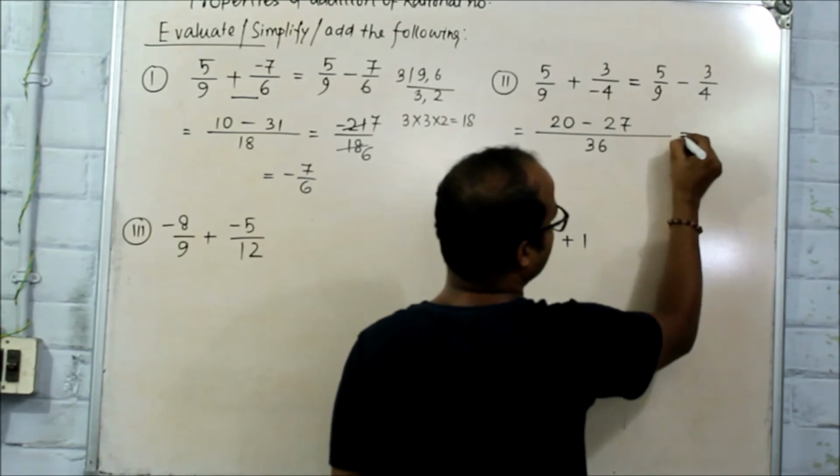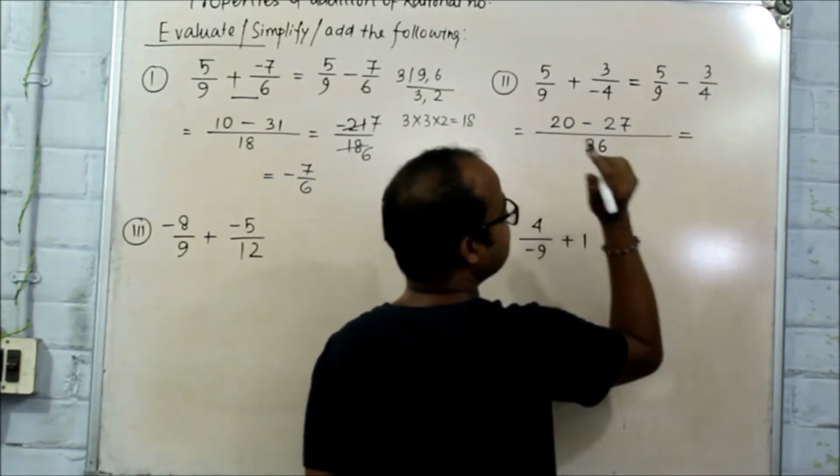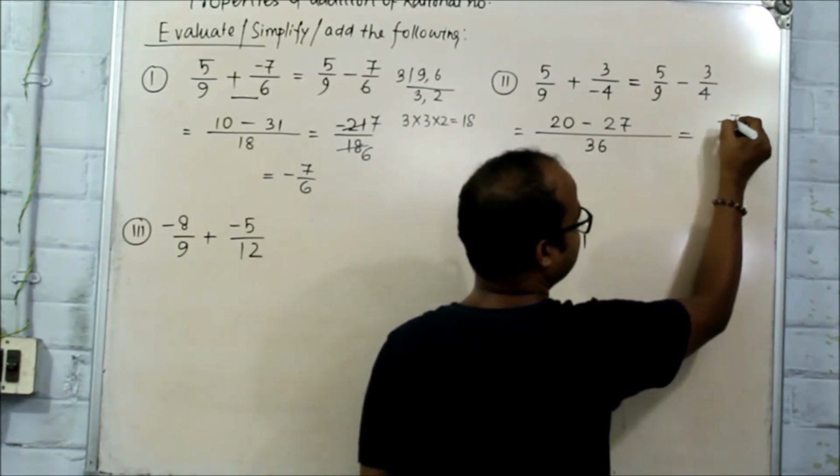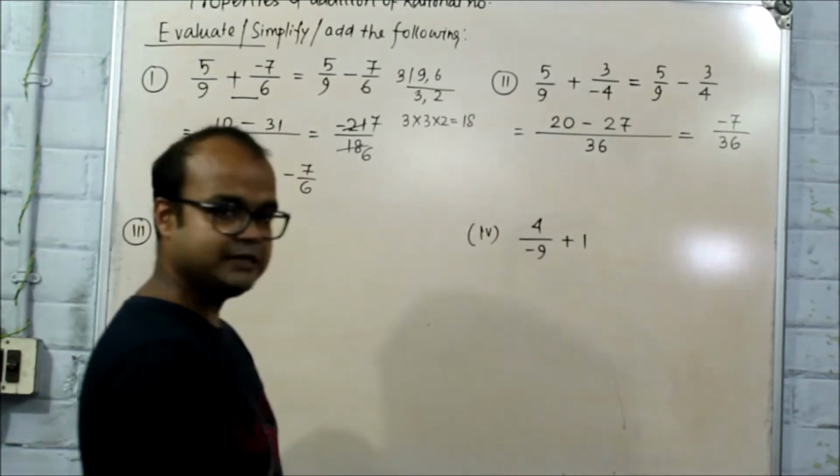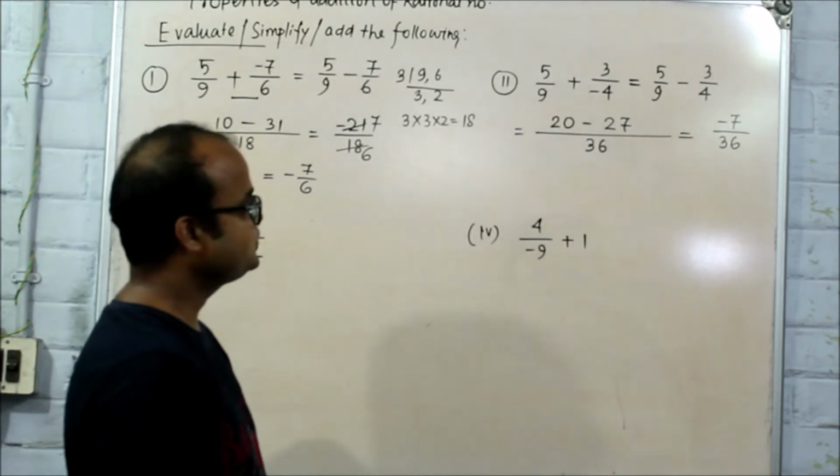So this is equal to 20 minus 27 is equal to minus 7 by 36. Minus 7 by 36. Clear?